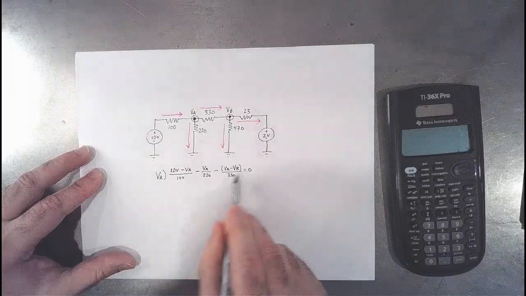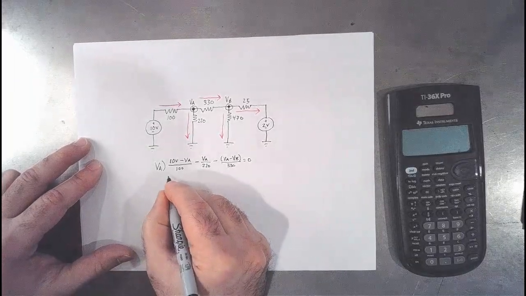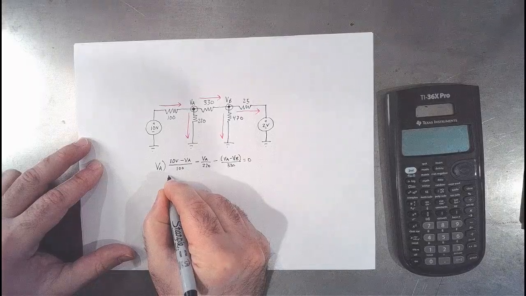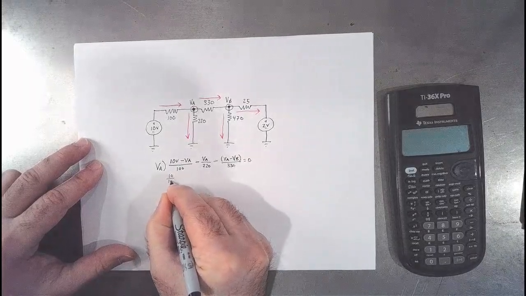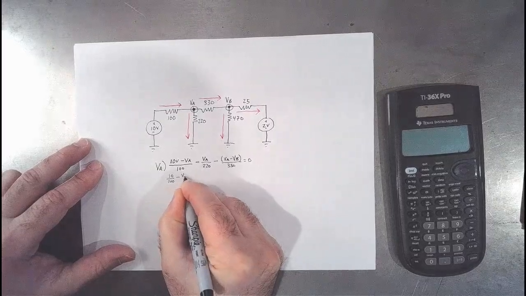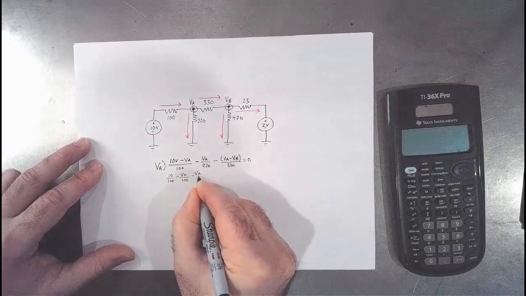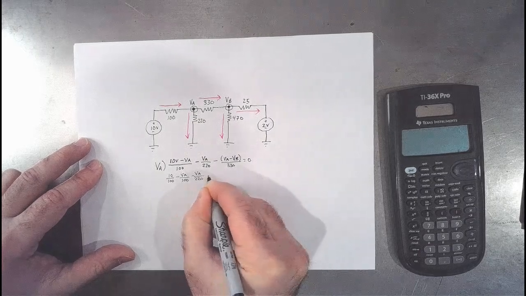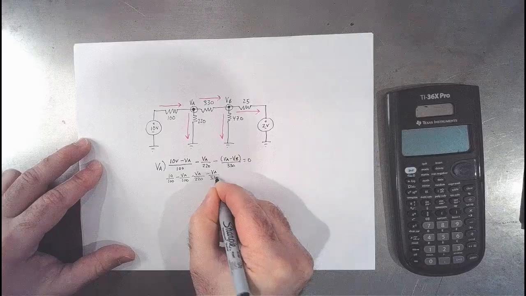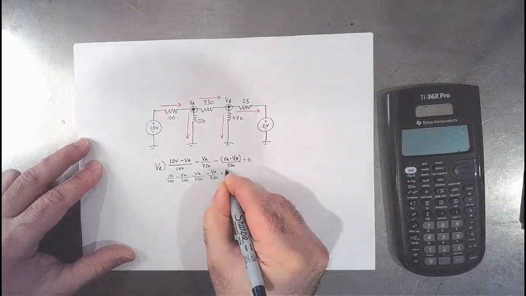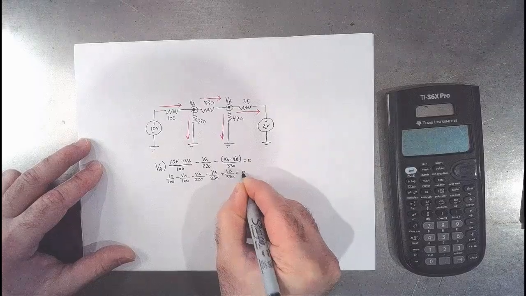All right. Well, I need to put this equation into standard form before I can do much with it. So let's break it up into its respective pieces. I'm going to break this into two pieces. So 10 over 100 minus VA over 100 minus VA over 220 minus VA over 330 plus VB over 330 equals 0.